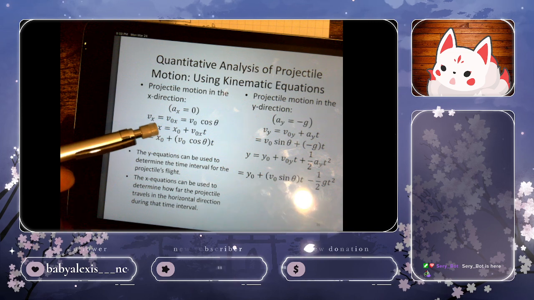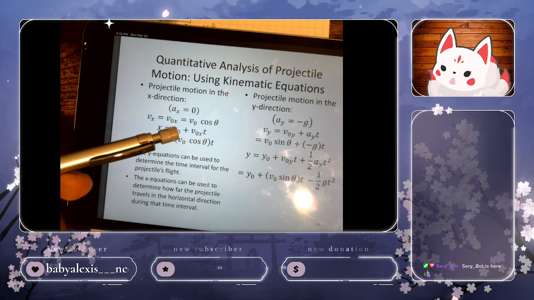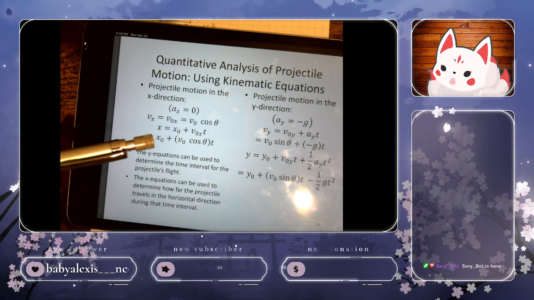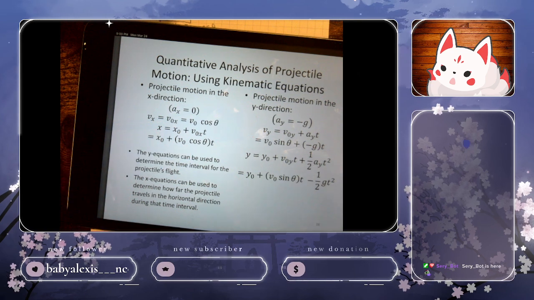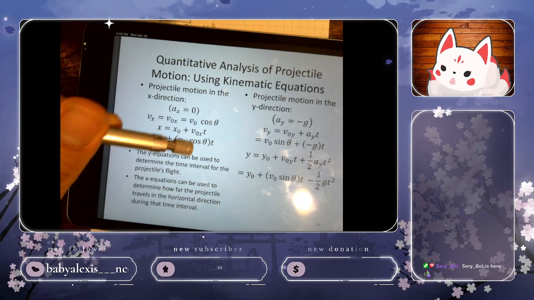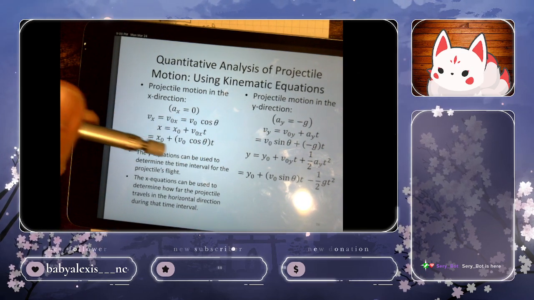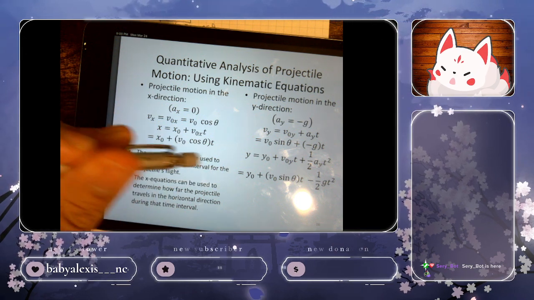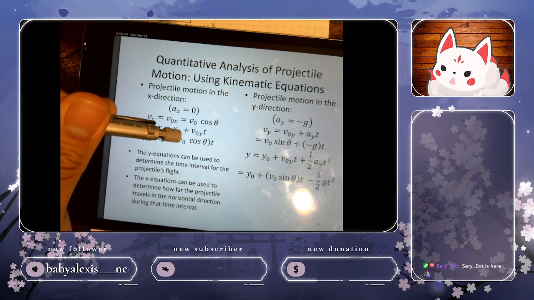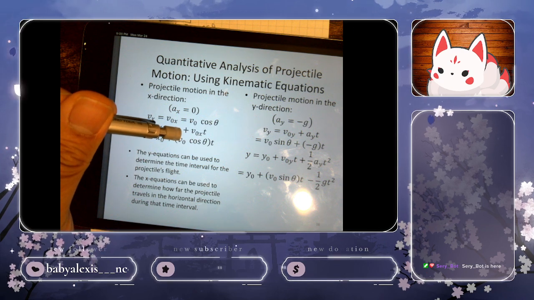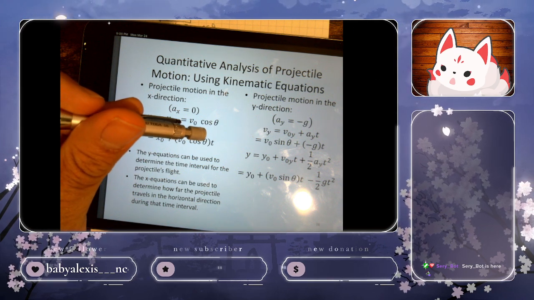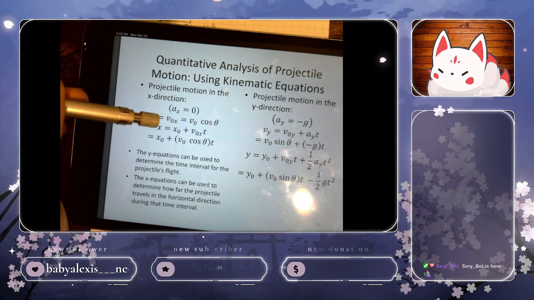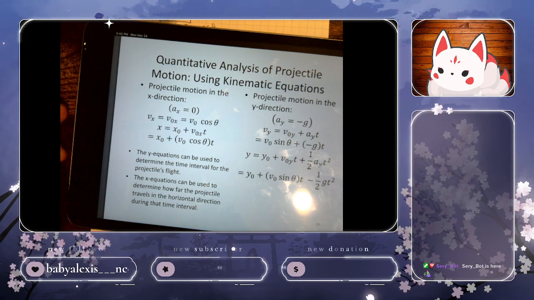So the position x equals the initial point where we started. It could be we started at 0, or say you started 5 meters away. You'd start from there and add on. And then we have what's gained through the projectile travel, which is v0, our initial velocity, times cosine theta times t. How would I describe that?